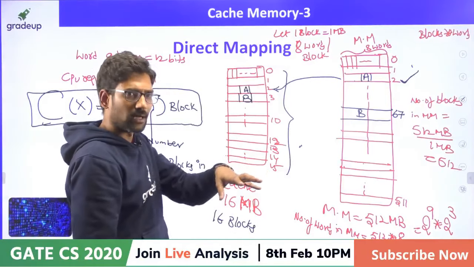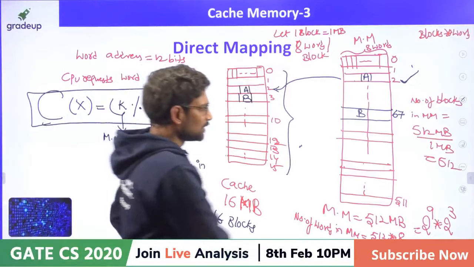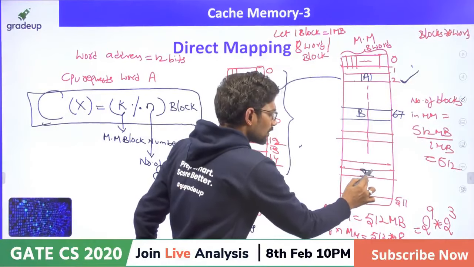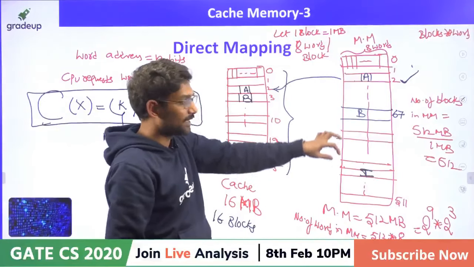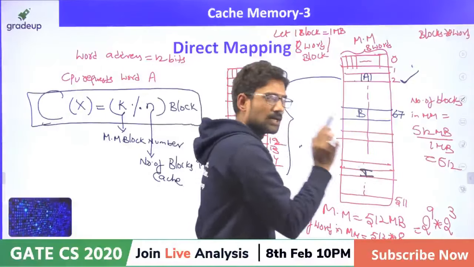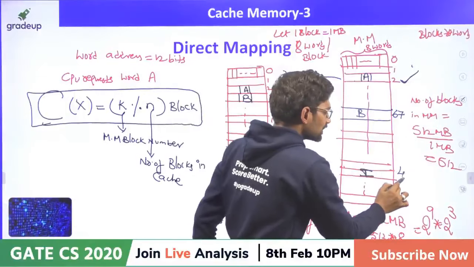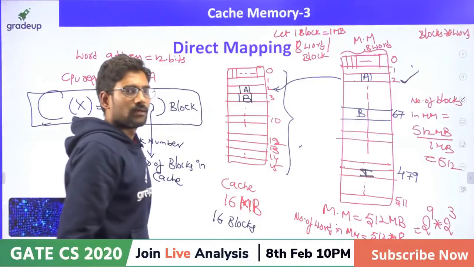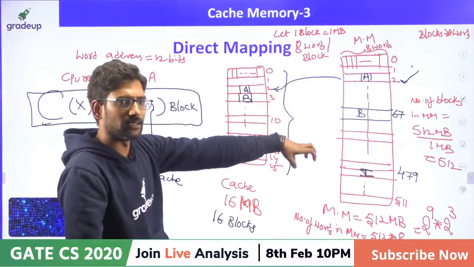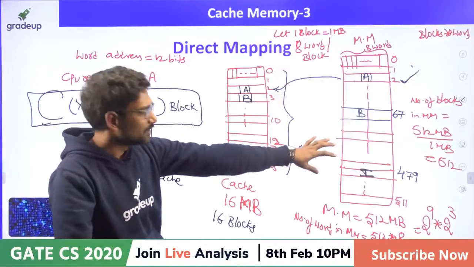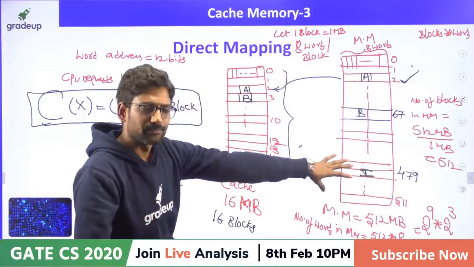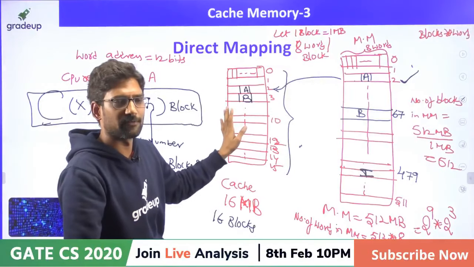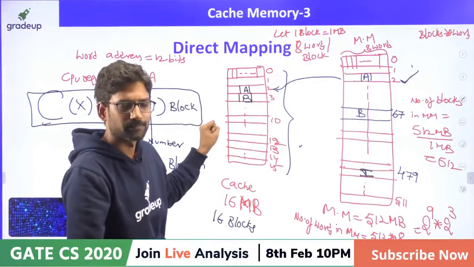And finally, I believe you understood this. Let's say there is word I in block 479 in main memory. The CPU requested it, a miss occurred. Then the locality of reference says bring that block.